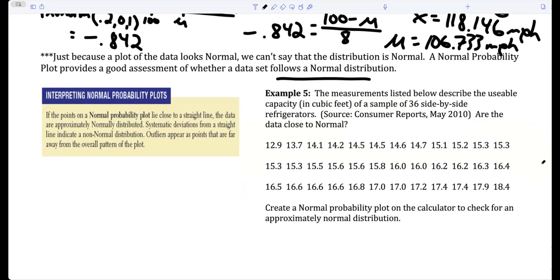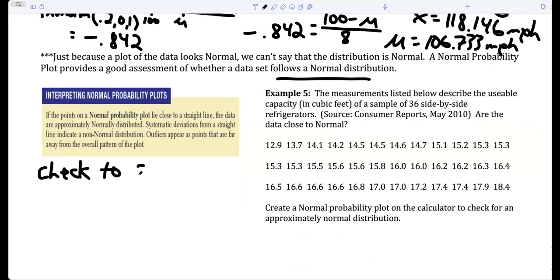We're going to put in the data, and then we're going to take that data and put it into what's called a normal probability plot. And we check to see how linear that plot is. So I'm going to write myself a little note here.